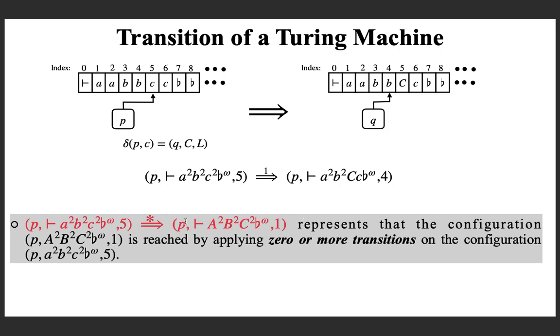Maybe you are retaining the same state after many operations, and you replace all small a's with the capital A's, small b's with the capital B's, and small c's with the capital C's in a number of steps. So in 0 or more transitions from the original configuration, you can reach this configuration.